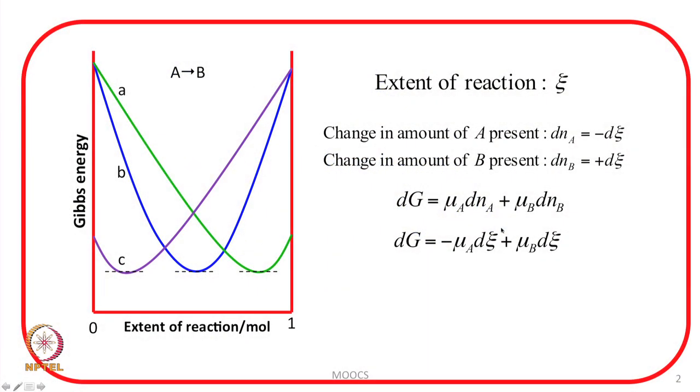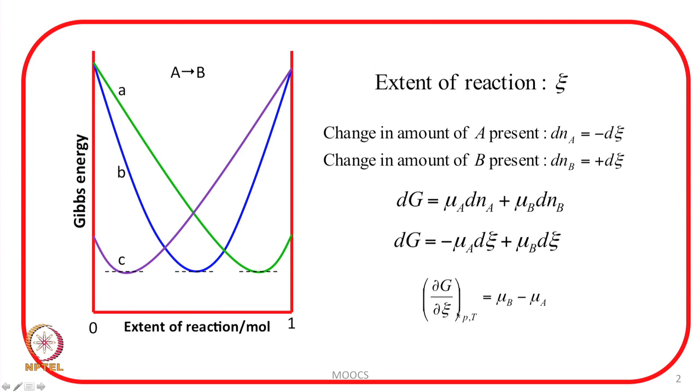This is what I discussed, that dG can be expressed in terms of dN_A and dN_B, and when you substitute for dN_A and dN_B in terms of the small extent of reaction or advancement of reaction, and then we take dξ with the dG.